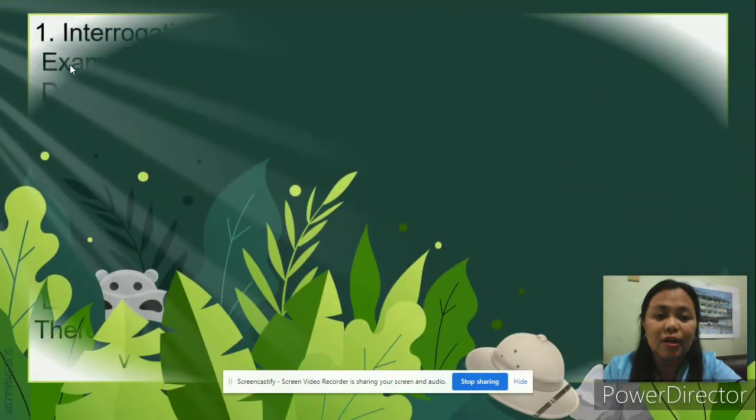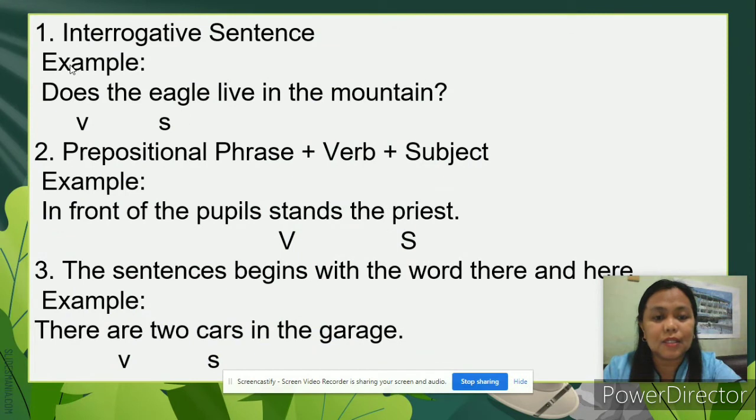So there are three ways to know if the sentences are inverted sentences. Number one, interrogative sentence. So, what is an interrogative sentence? The sentence which asks a question is an interrogative sentence.